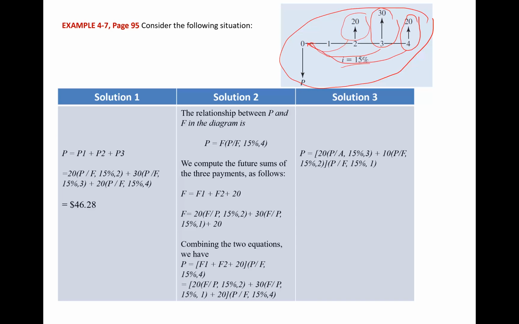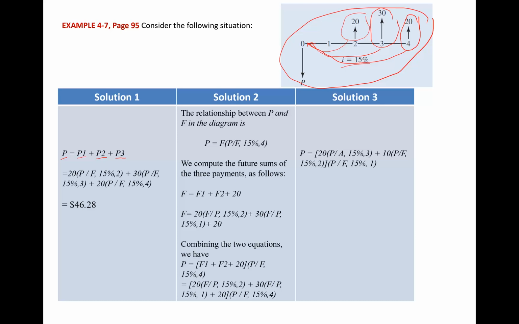So for solution one, P, the present value for the whole cash flow, will be P1, which is the present value of the first $20, P2 for the $30 present value, and P3, the present value for $20.